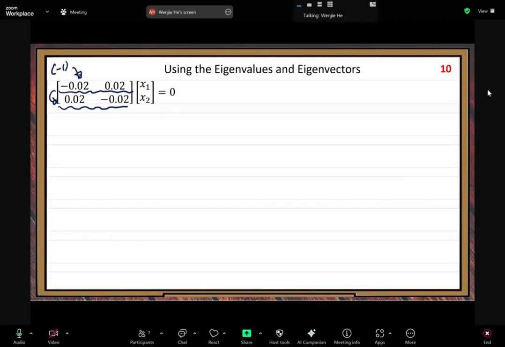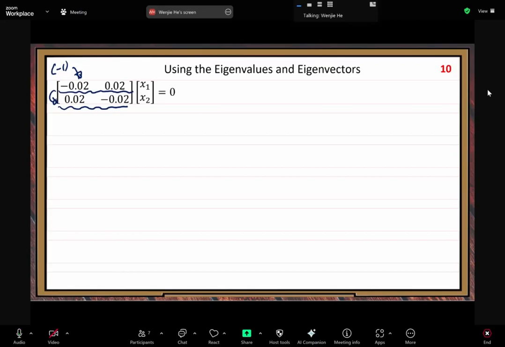The difference is just a constant multiplication, scalar multiplication, scalar constant multiplication, -1. In that way, we say, in linear algebra, these two row vectors are linearly dependent.